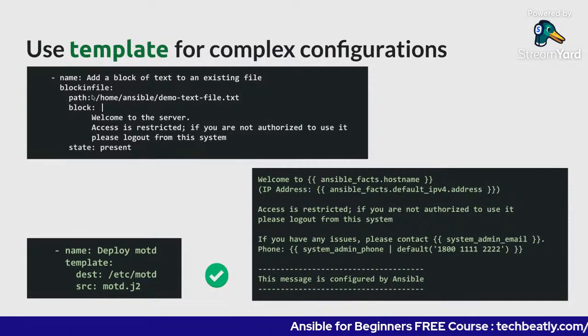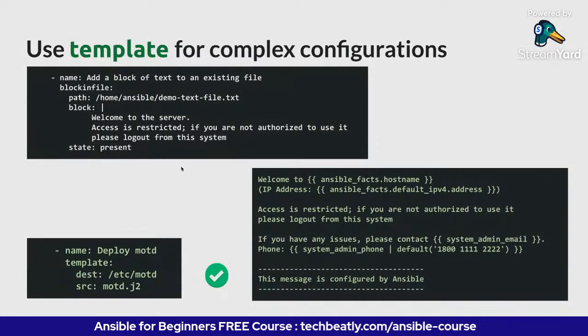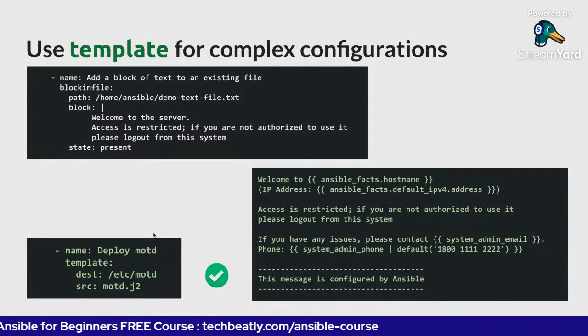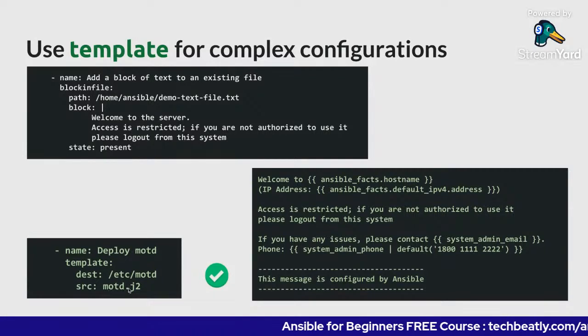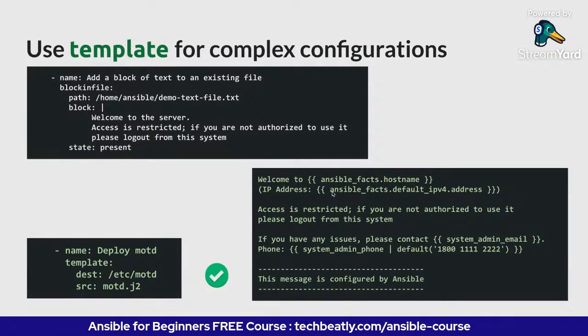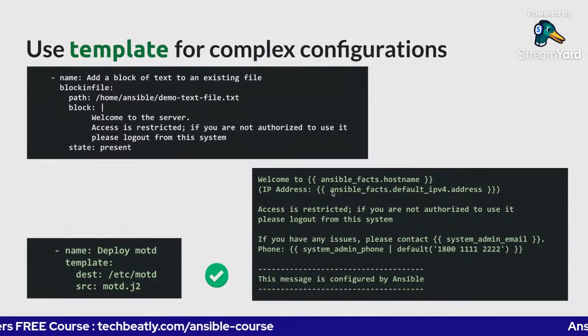You can see this is blockinfile you have to use. You don't have much control. And for the template, you can see this is my template, and this is my /etc/motd target. Then this is my motd.j2. This is the content. If you check, you can see I'm using some variables and I'm replacing this content on the target machine.